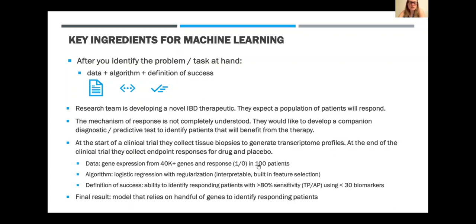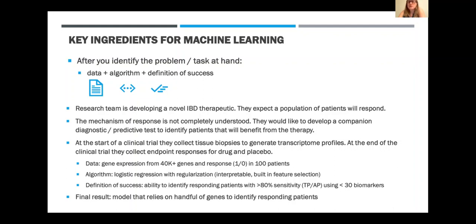There are many different algorithms that you can apply to this type of problem. For those of you that have some familiarity with machine learning, logistic regression with some regularization that gives you the feature selection is actually one really great solution for this type of situation. The reason why logistic regression is a good idea is because it is linear.